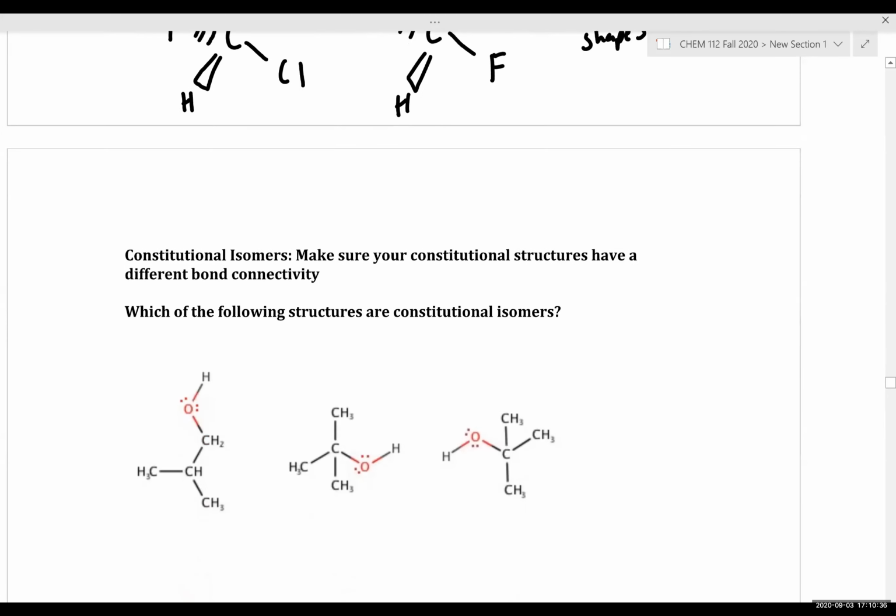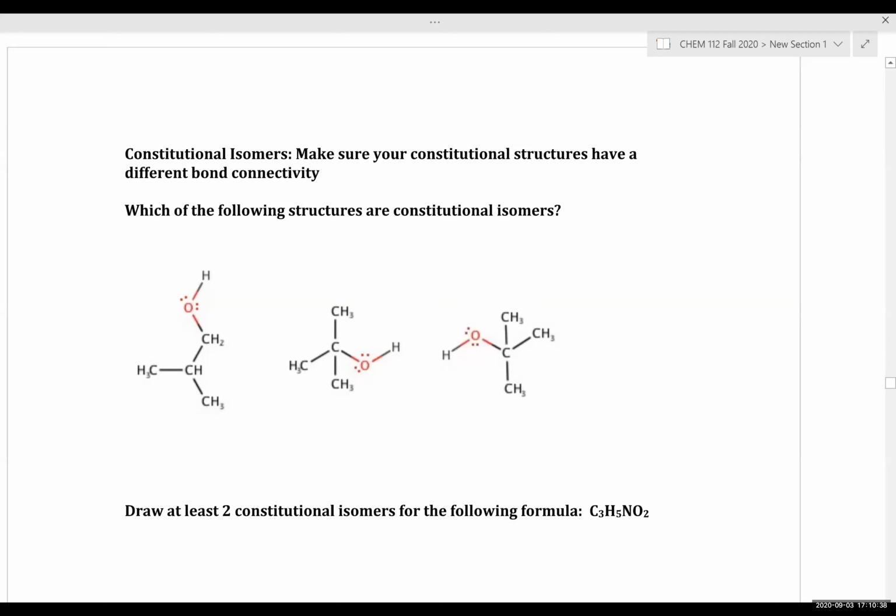Okay, so constitutional isomers. You really want to make sure your constitutional structures have a different bond connectivity. And make sure you're really paying attention to rotation and other ways of drawing the exact same molecule. For example, which of the following structures are constitutional isomers? Now, you really have to draw all of your molecules in the exact same way.